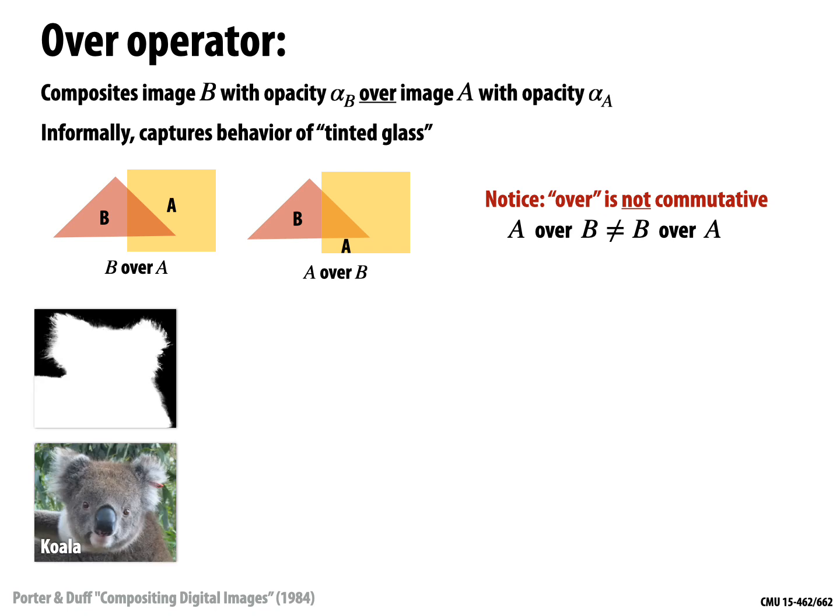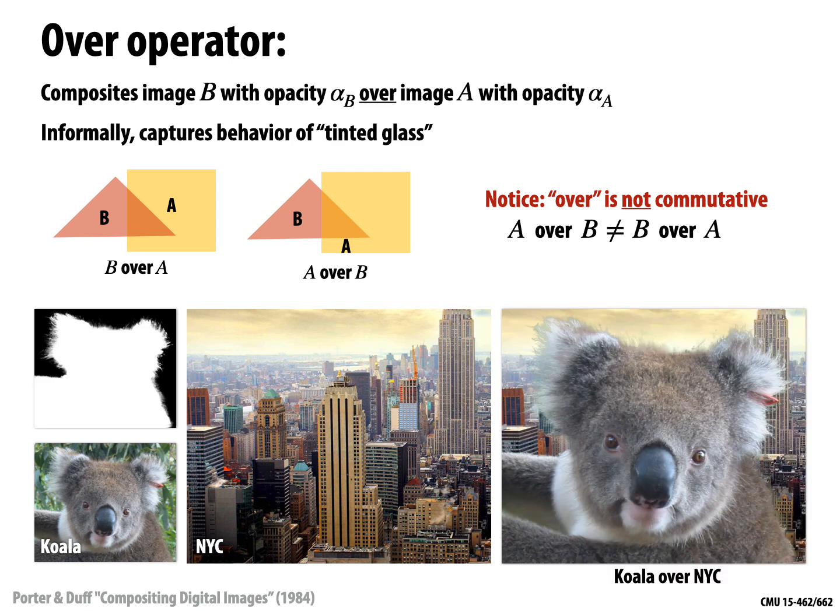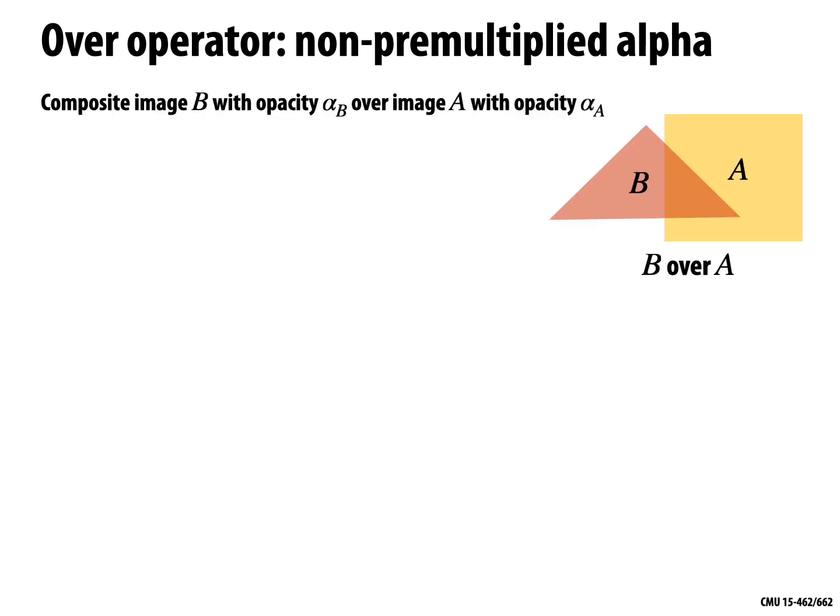So let's say we have our koala with its alpha channel, and we have a picture of New York City. Then here's what the koala over New York City should look like. What actually is the over operator? What am I doing to combine these pixel values? Well, again, we want to composite image B with opacity alpha B over image A with opacity alpha A.